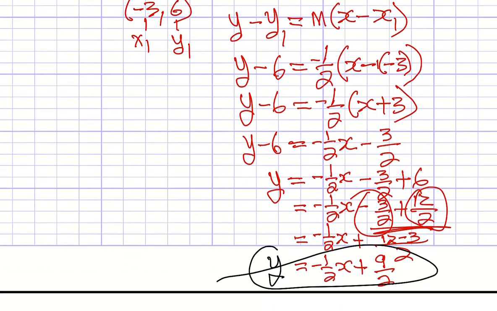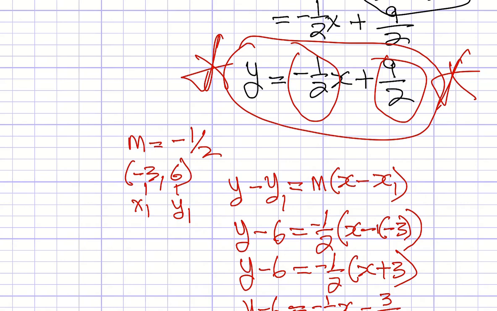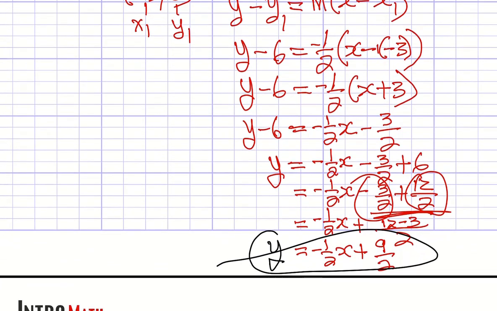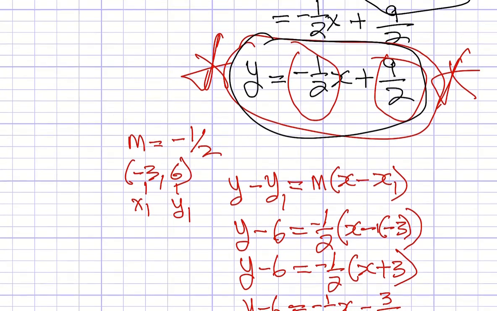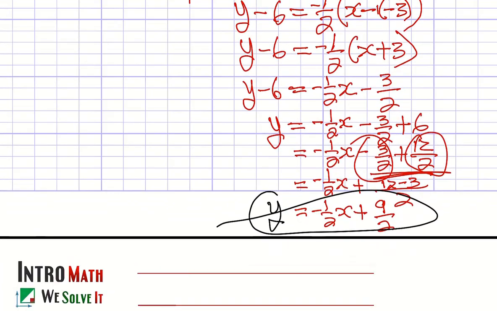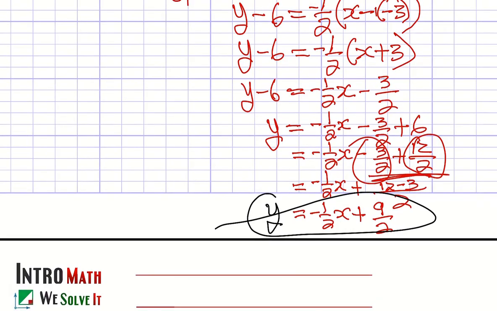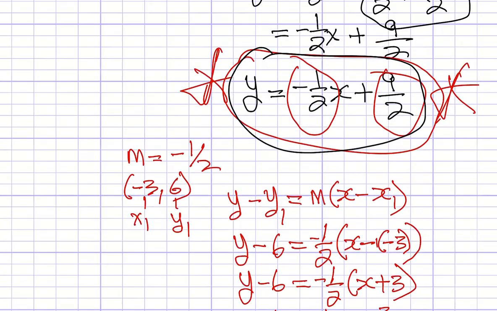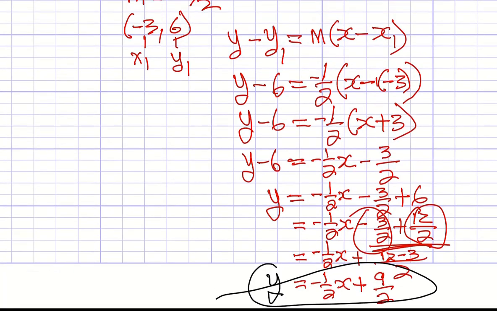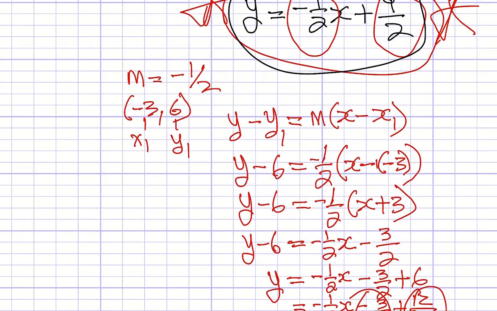You see that? That's what we got before, right here. Before we got y equals negative 1 over 2 x plus 9 over 2. The same thing here: y equals negative half x plus 9 over 2. So what I'm trying to tell you is, if you're given two points without the slope, you find the slope.